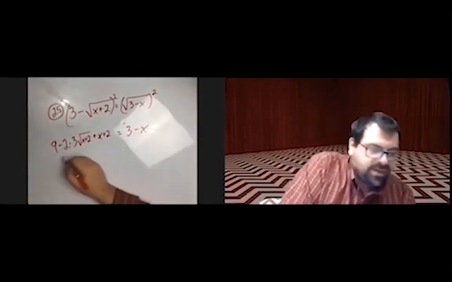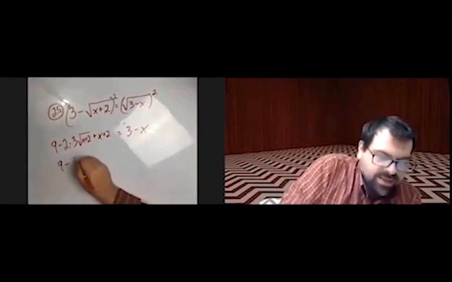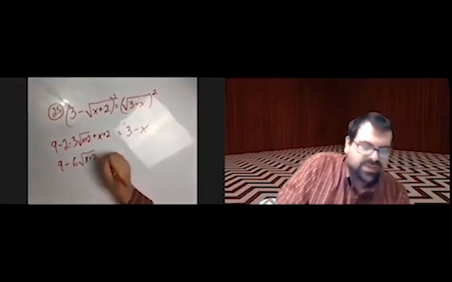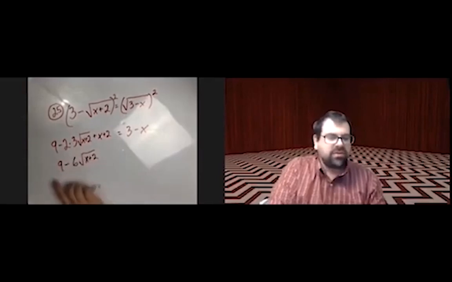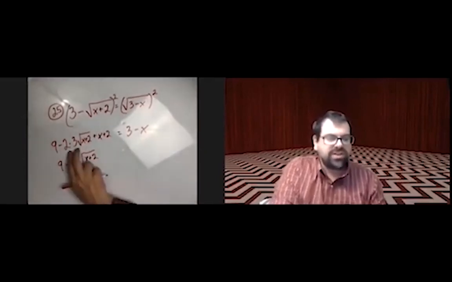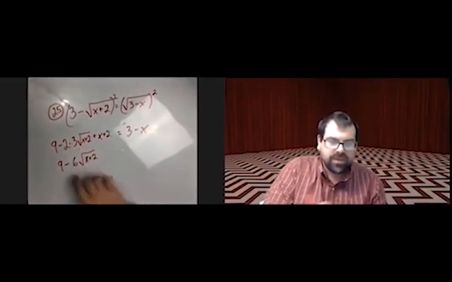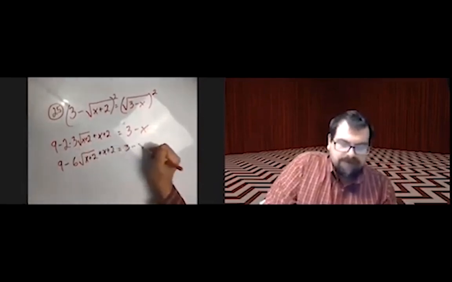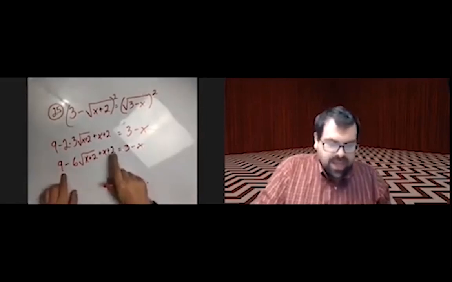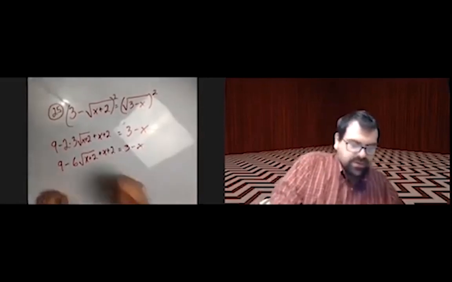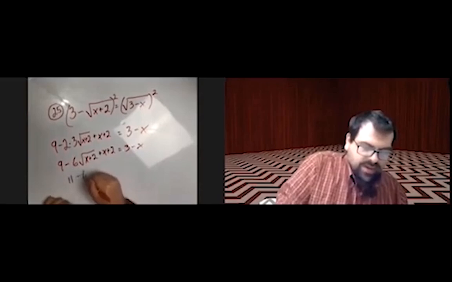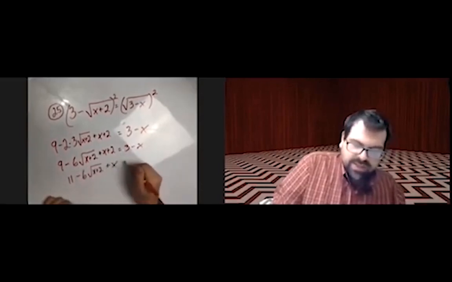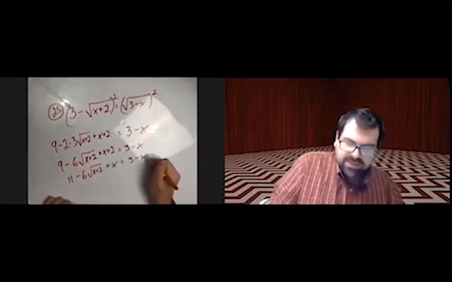Let's clean this up a bit. This is 9 minus 6 radical x plus 2, not subtracting first. Order of operations says we multiply first. Nine plus 2 is 11. 11 minus 6 radical x plus 2 plus x equals 3 minus x.